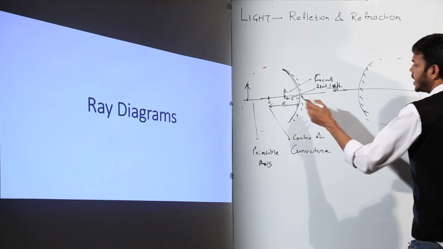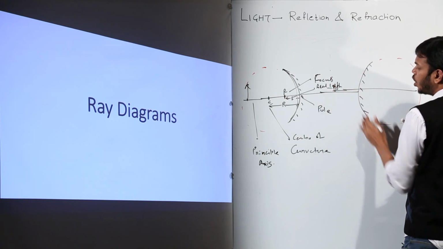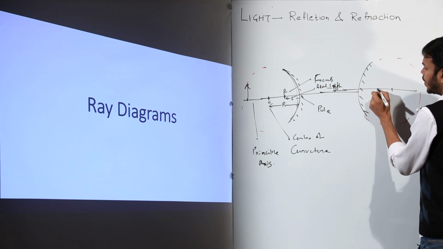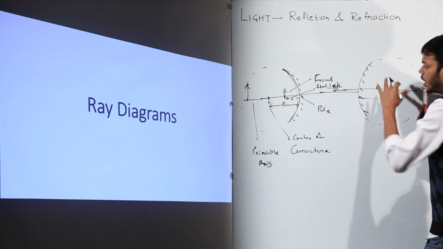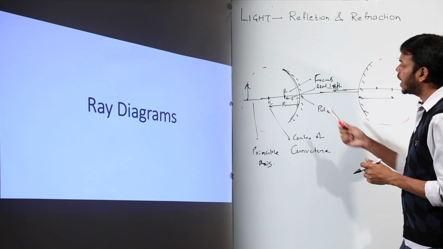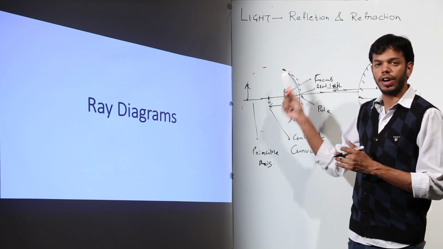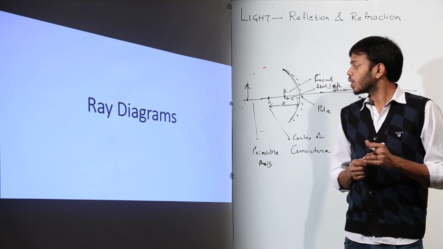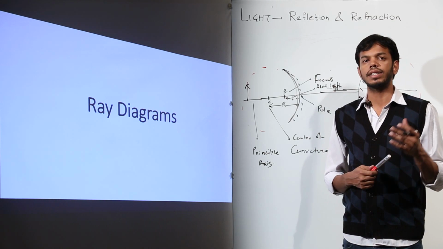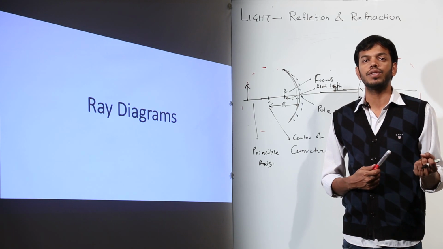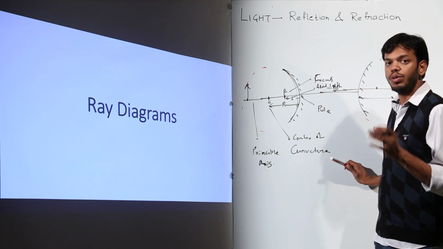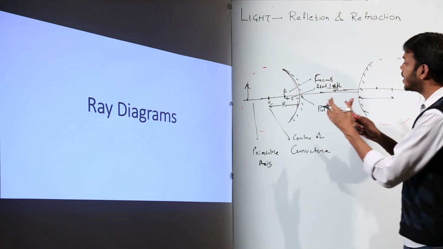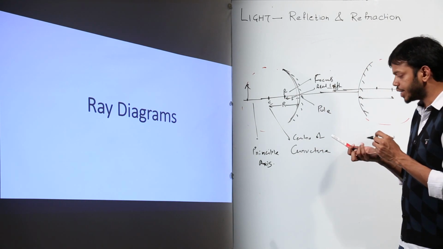So even if it is placed in front of a convex mirror, those points, which are center of curvature, focus, and radius of curvature, are all behind the mirror, whereas in case of concave mirror, they are all in front of the mirror. This is a very important point when we apply the formula, that is, how to find the position of the image if you have the position of the object. During that you need to follow sign conventions, and there these points come into very serious consideration.